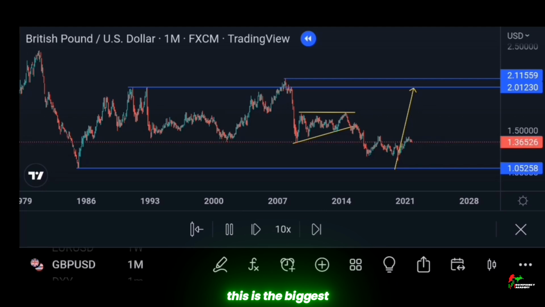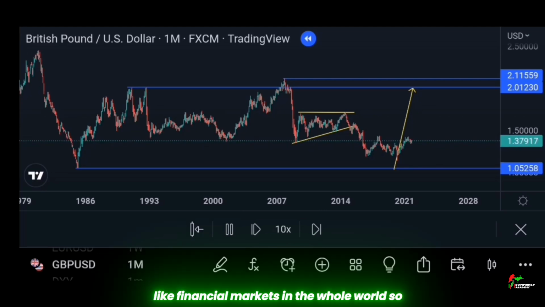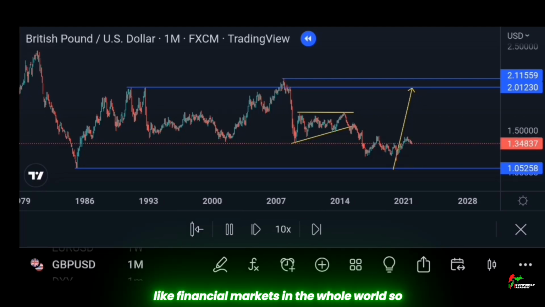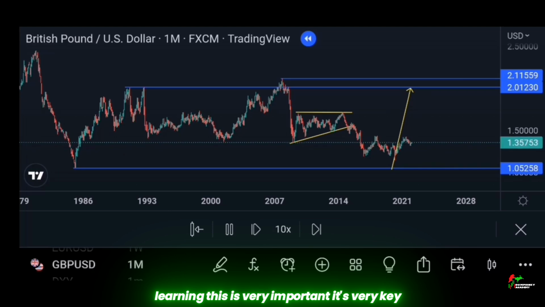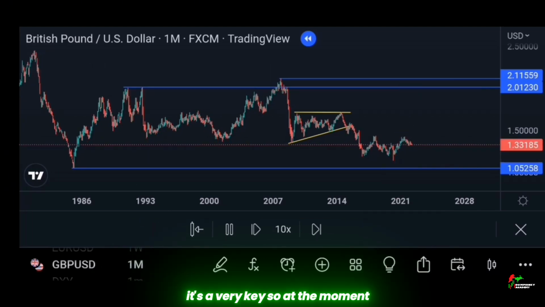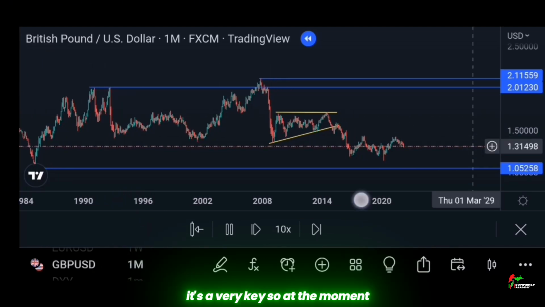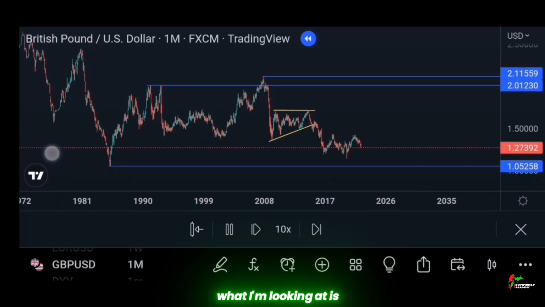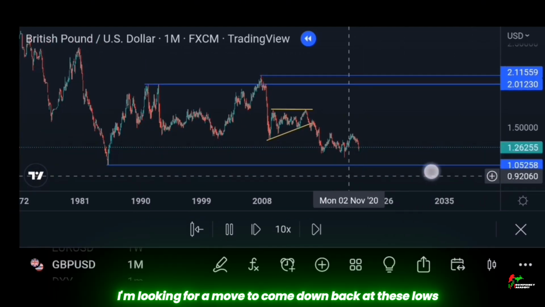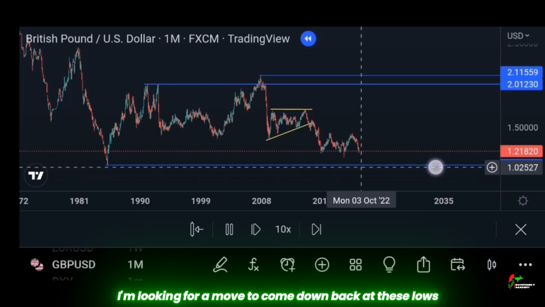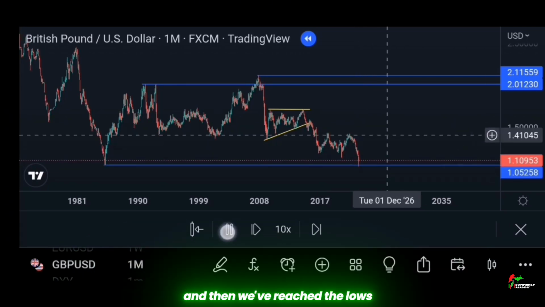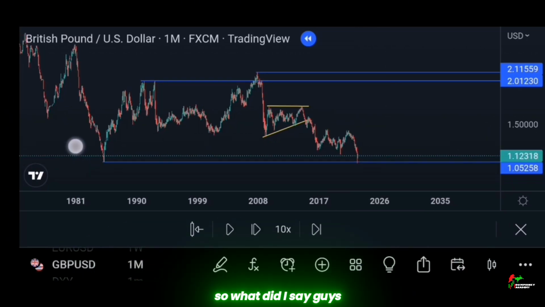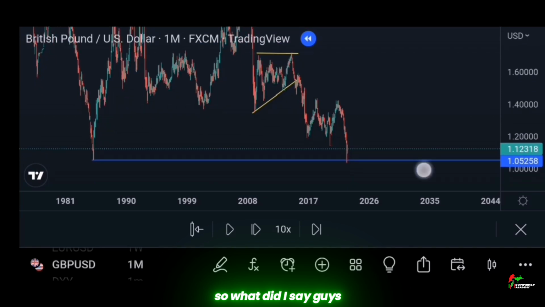This is the biggest financial market in the whole world. So learning this is very important. It's very key. So at the moment, what I'm looking for is a move to come down back at these lows, and then we've reached the lows. So what did I say, guys?